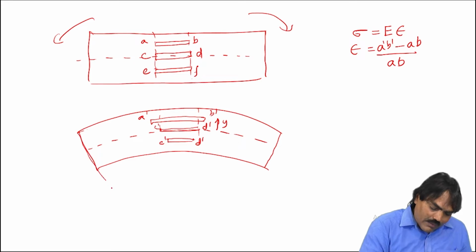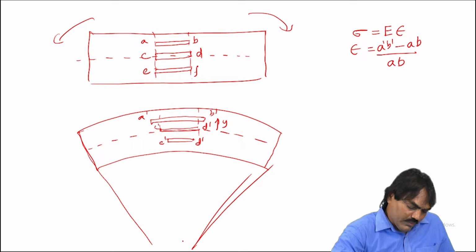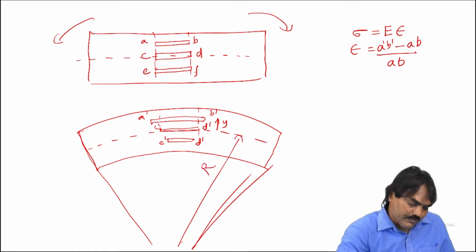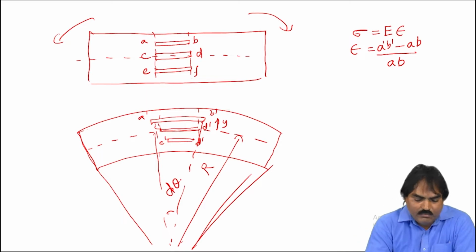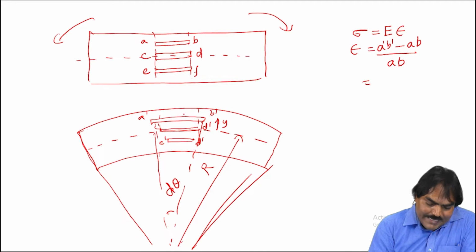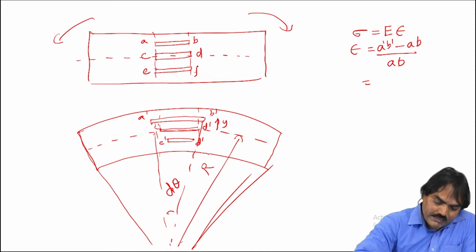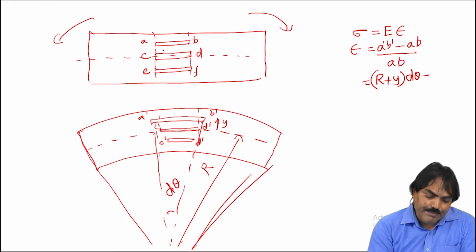Now when I extend this, I told you already this is where the center of curvature will be. This distance is the radius of curvature. Suppose this subtends a small angle d theta. The arc length A dash B dash is given by R plus Y, into d theta, minus AB.